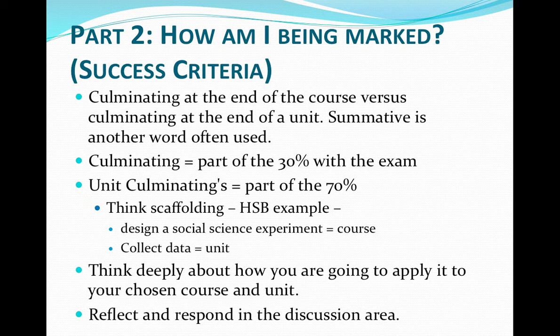So in order to create a social science experiment, they have to learn how to collect data and how to analyze data. That would be something you would do in an individual unit and make it part of that 70%. So somewhere else throughout the course, you've taught them how to do a survey or take observation notes and how to graph stuff and make notes off of data, so that they have that ability in order to be successful in the other piece that's worth the 30% later on.